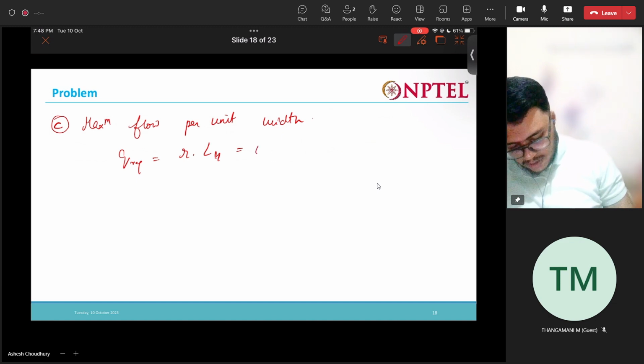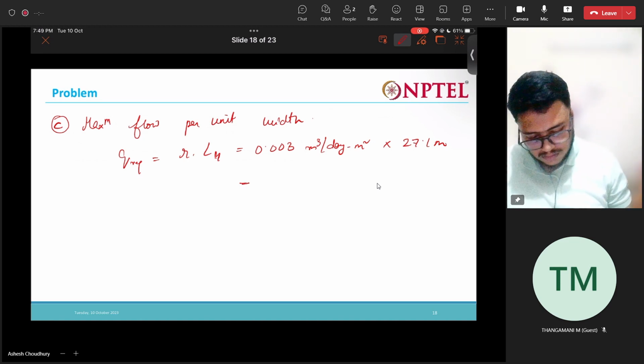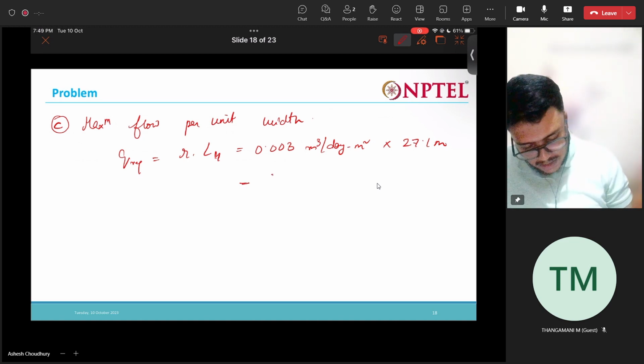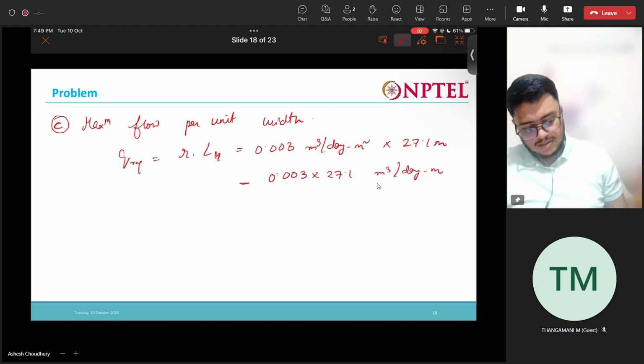Okay, 0.003 meter cube per day per meter square into 27.1 meter. This will give us 0.003 into 27.1 meter cube per day per meter width.